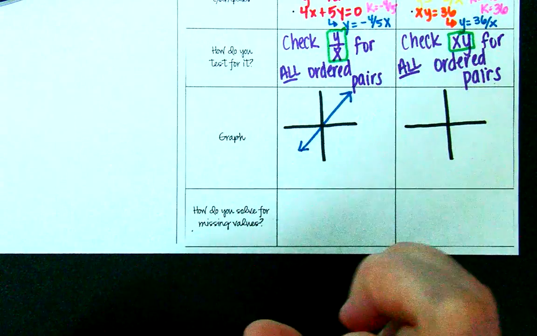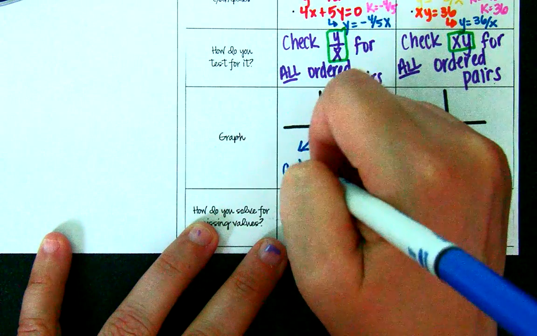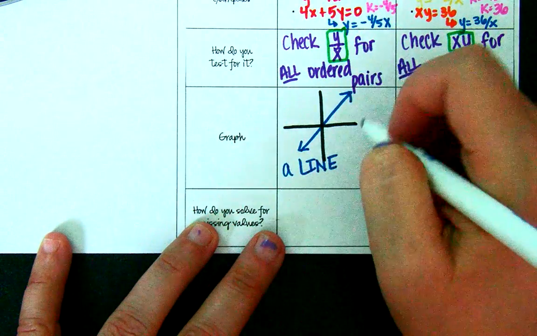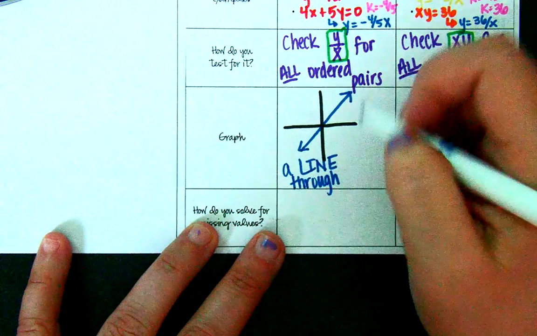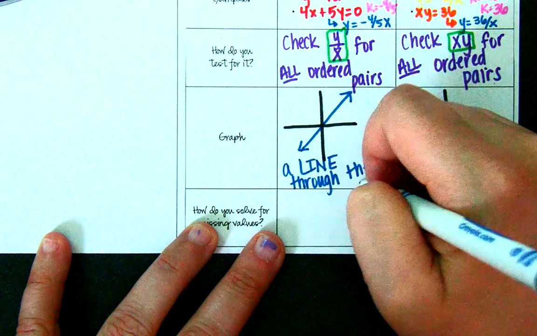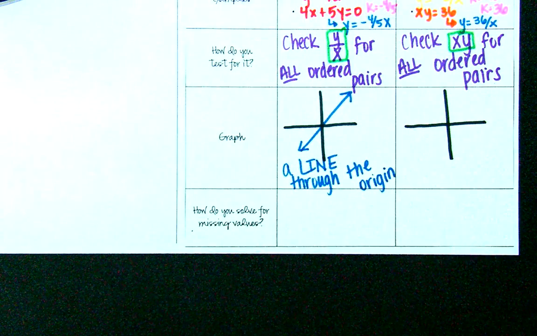It's a line through the origin. If it does not go through the origin, it is not direct variation.